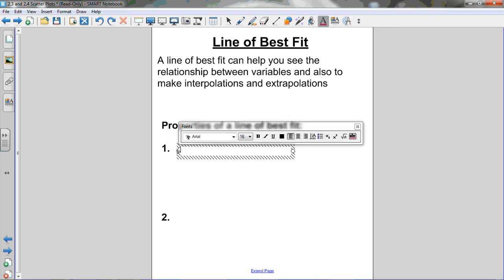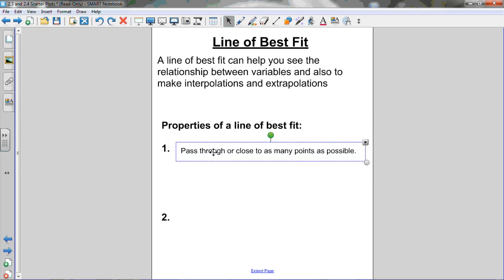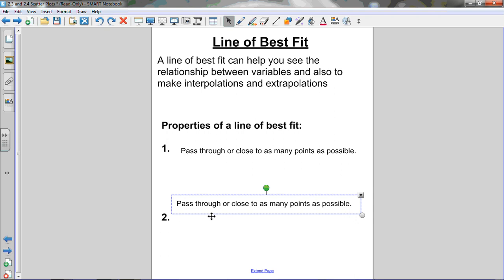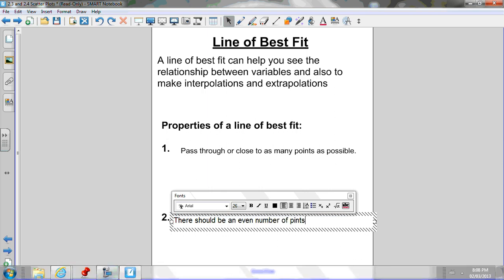So properties of a line of best fit first. There are two properties. The first property: it must pass through or close to as many points as possible. The second property is that there should be an even number of points on either side of the line of best fit.